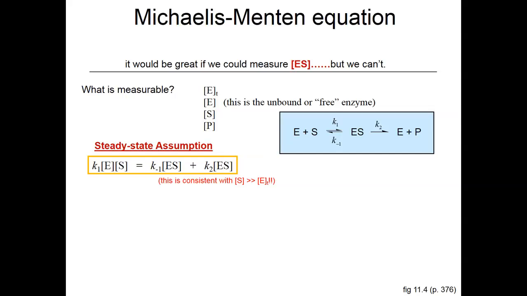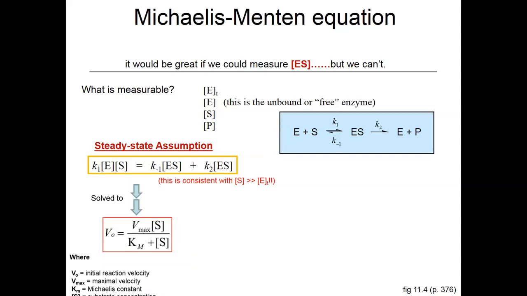So the rate of formation of the ES complex is equal to the sum of the two rates of breakdown, the one plus the other. Is that clear? Okay, good. So that's the steady state.